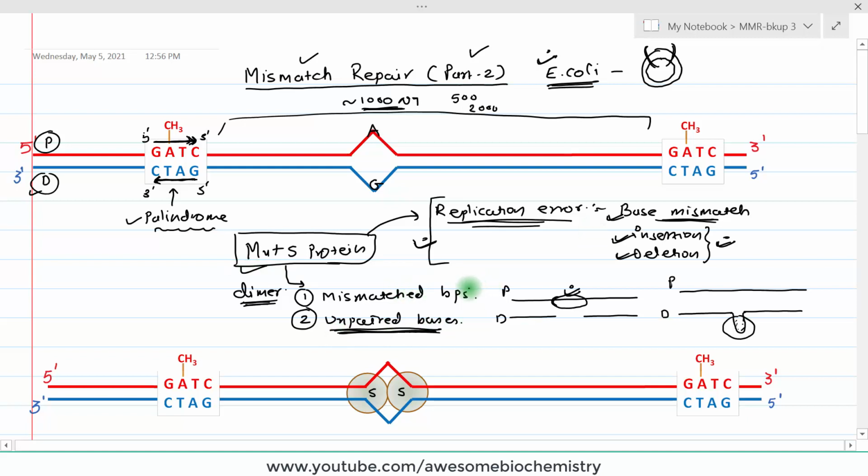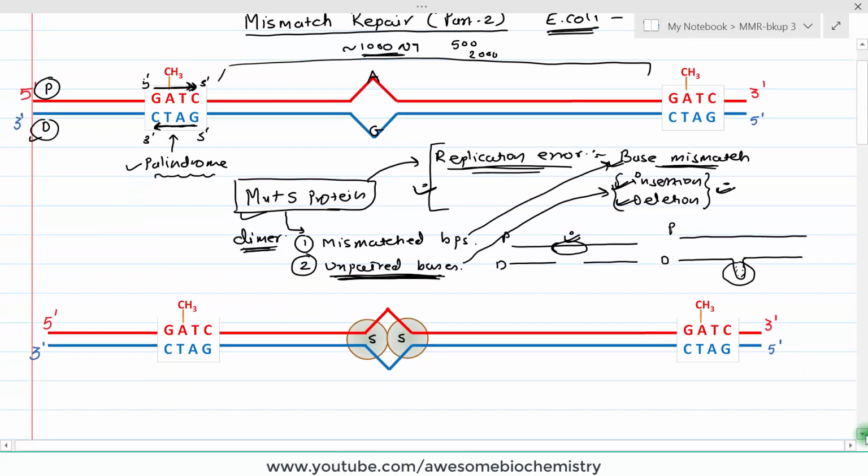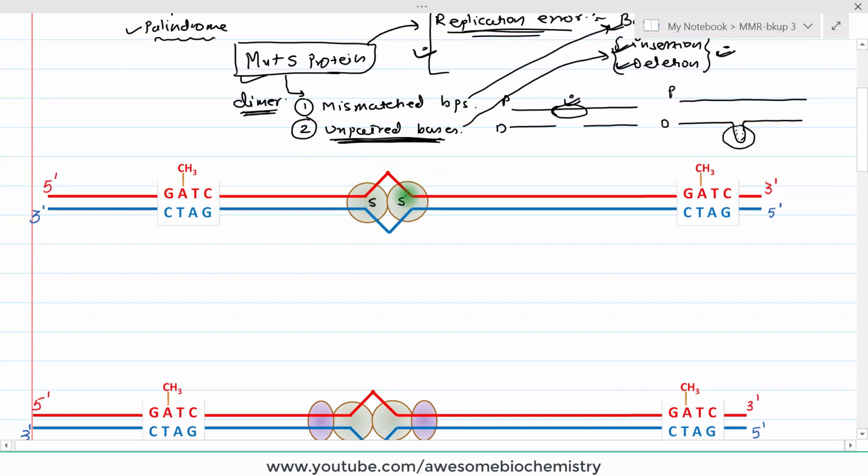So remember, mismatched base pairs are seen in the base mismatch, whereas insertion and deletion are identified as they have unpaired bases. This is very important to understand. So here in this diagram, I had shown you that MutS protein is binding with the DNA. So right now we have the MutS protein-DNA complex.